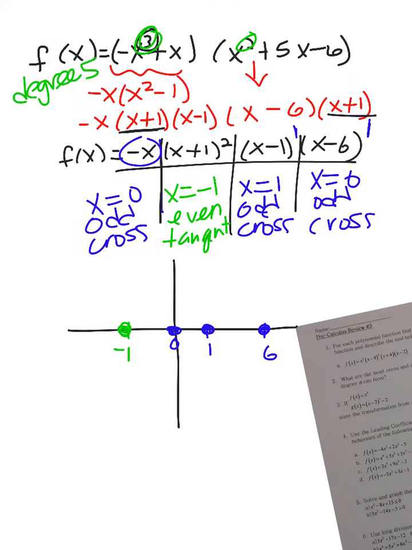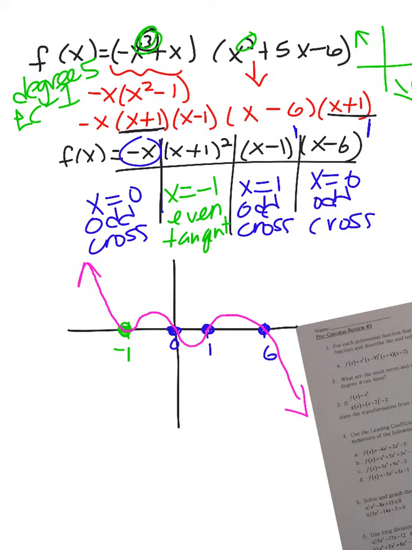And my leading coefficient will be negative 1, so it will look like this. My graph will come down, be tangent at negative 1, so bounce back up, cross, cross, cross. So it'll look like that.